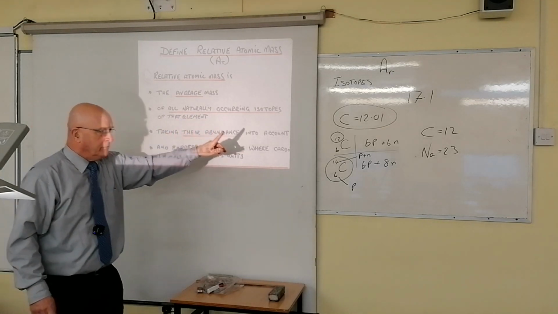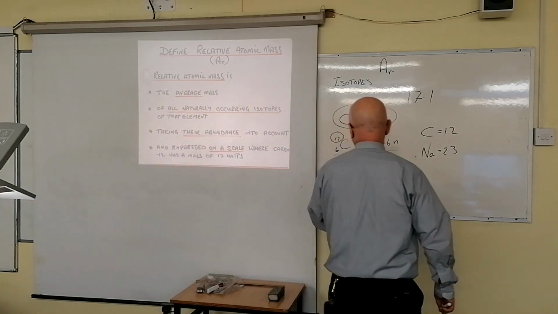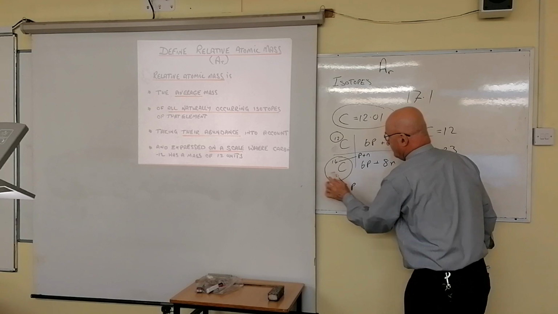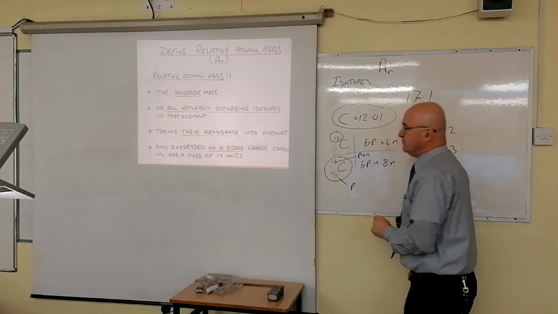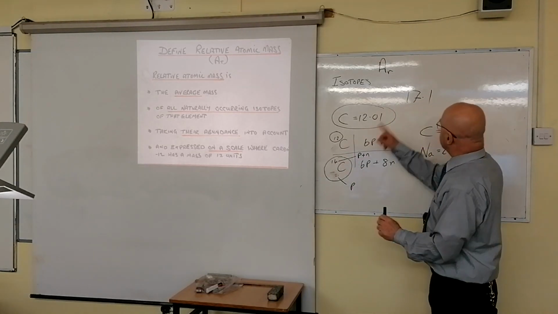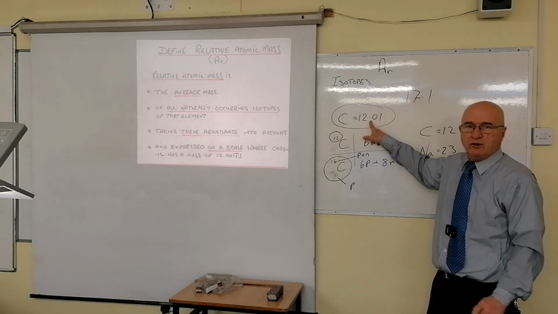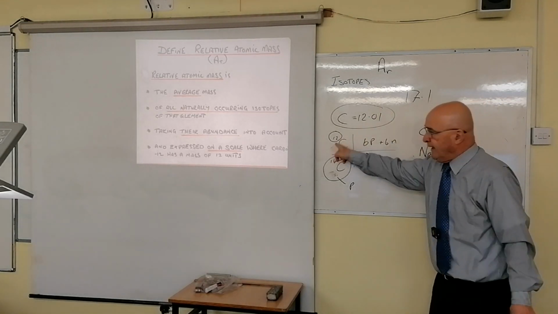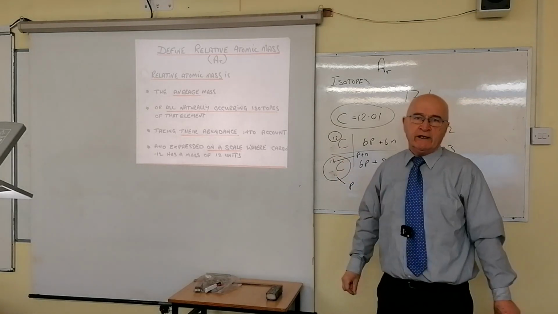I've mentioned over here already the two most common isotopes of carbon are carbon 12 and carbon 14. I said that to you already. As a result, the average came out to be 12.01. In other words, it's predominantly carbon 12, and there's very little carbon 14 in it.